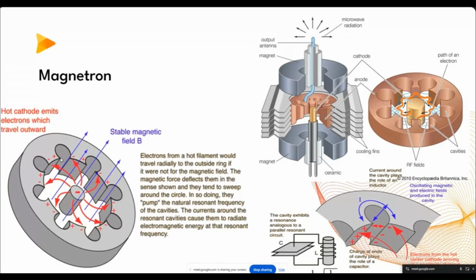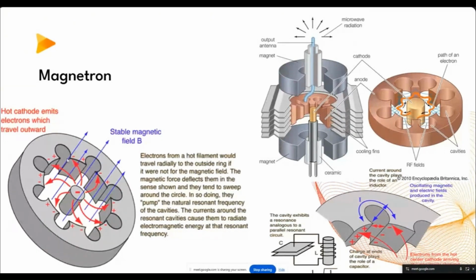This small cavity now acts as a capacitor because of the induction of this electric field. Because this is a metallic conductor, the electrons travel around the cavity to the other part, one side becomes negative and the other positive, and you introduce a net capacitance here.